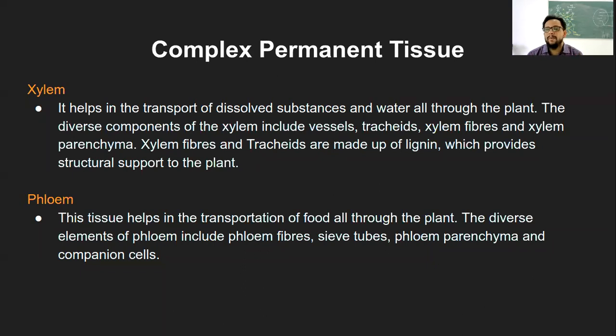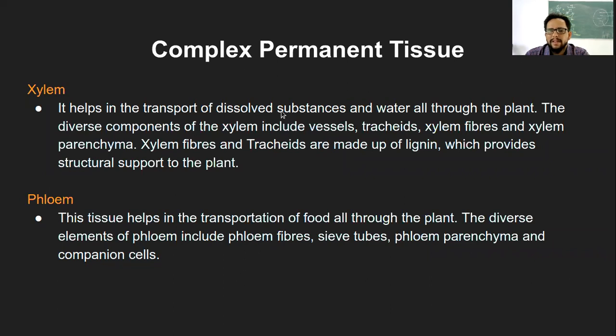Because they perform the function of transport. Both xylem as well as phloem are transporting something. What they transport is drastically different, but collectively, they are the transport system of the plant body. So in case of xylem, it helps in transport of dissolved substances and water through the plant.